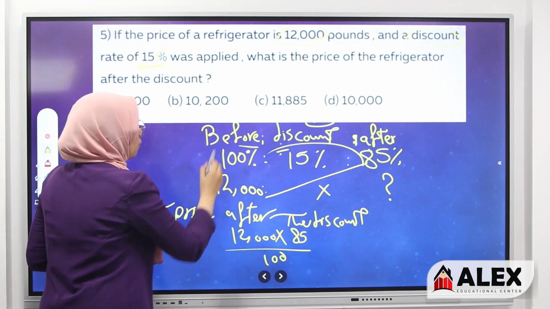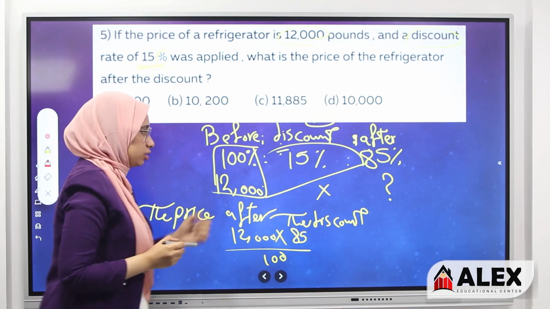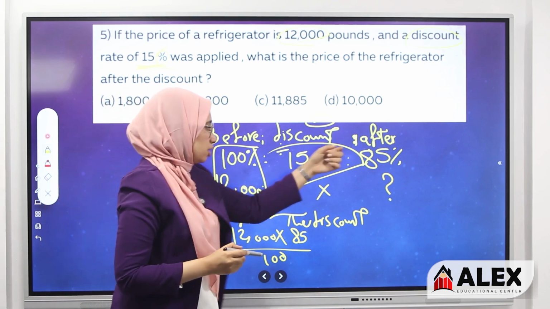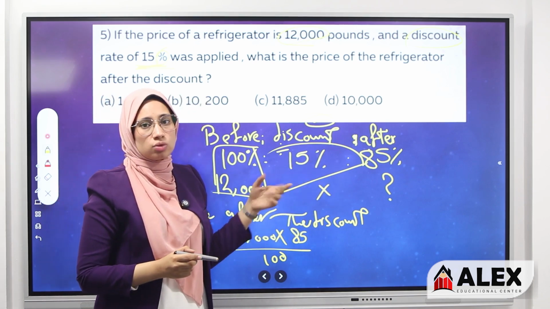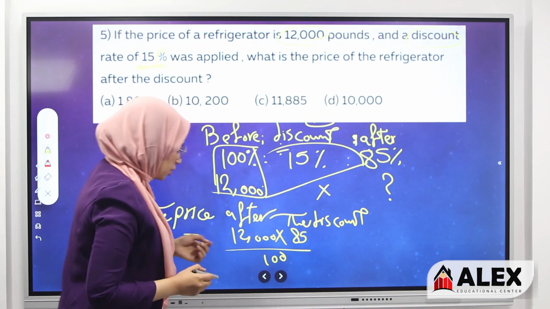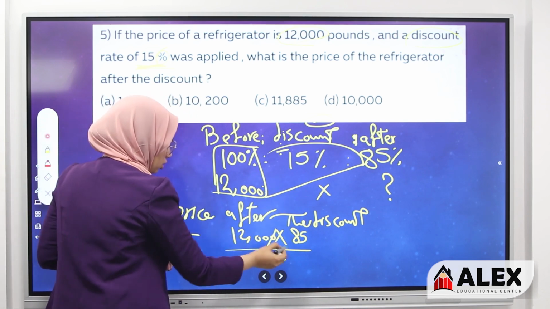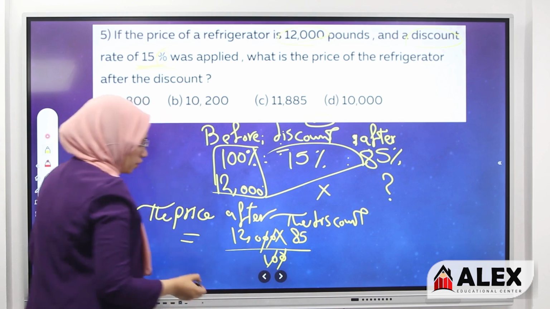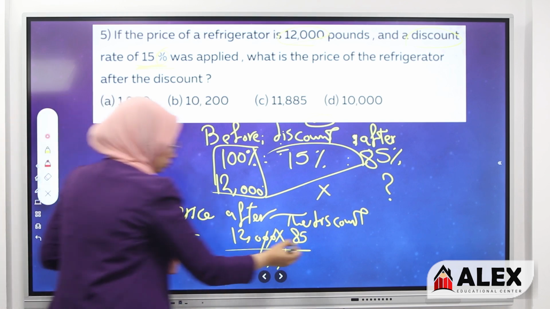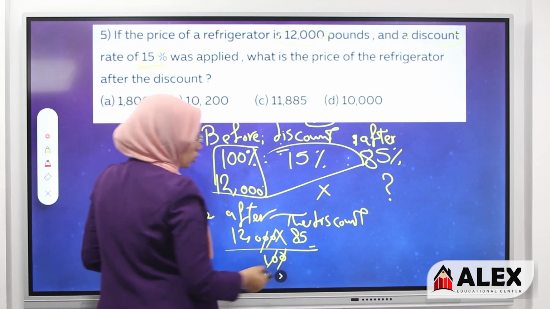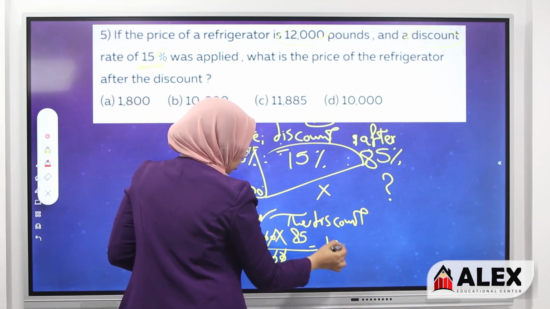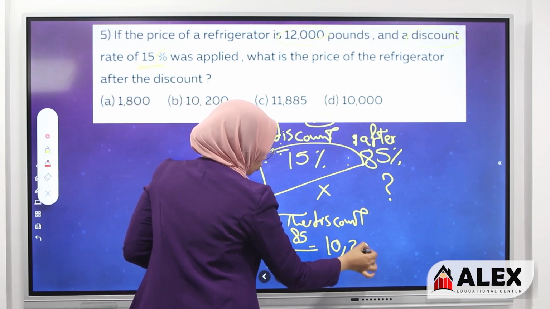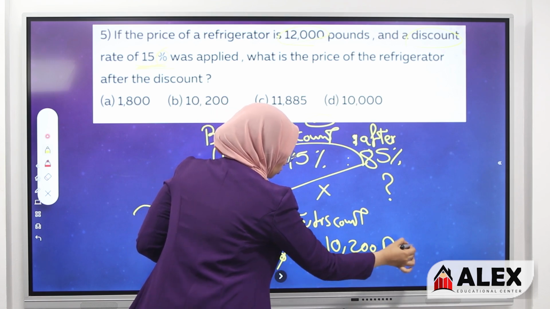We make times and then divided. Then the zeros cancel, zero, zero and zero with zero. Then put it in your calculator: equals 10,200 pounds.